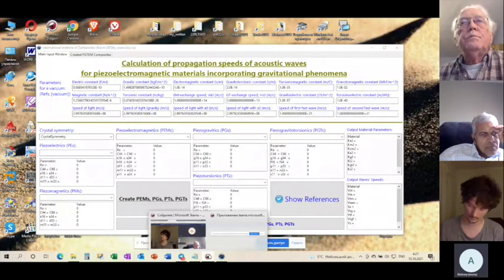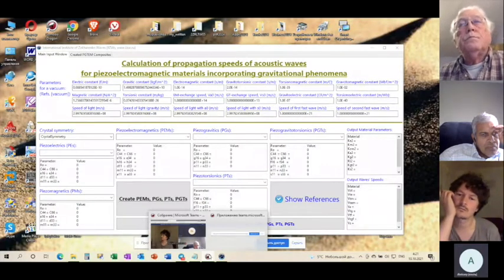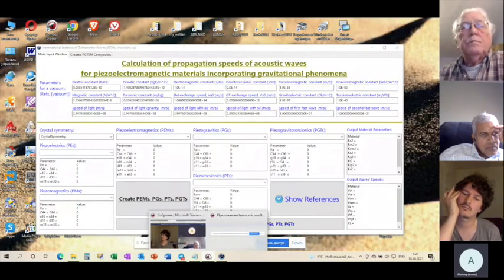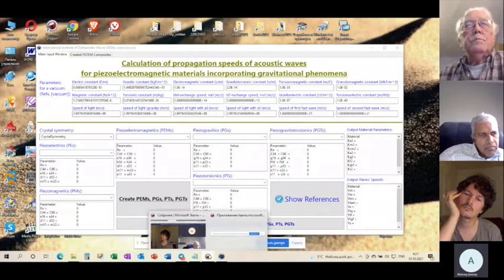Even less than 1 second, several orders less, several milliseconds will be spent by a signal to cross our universe.